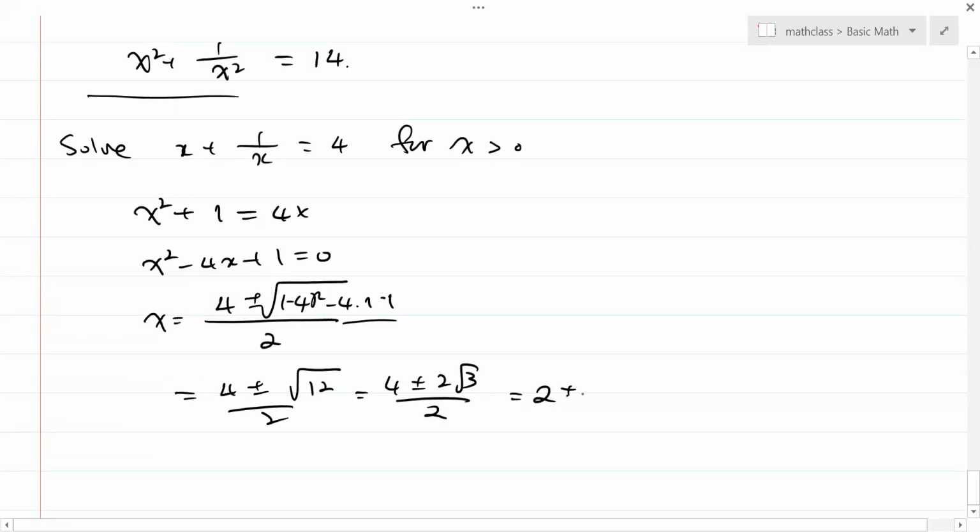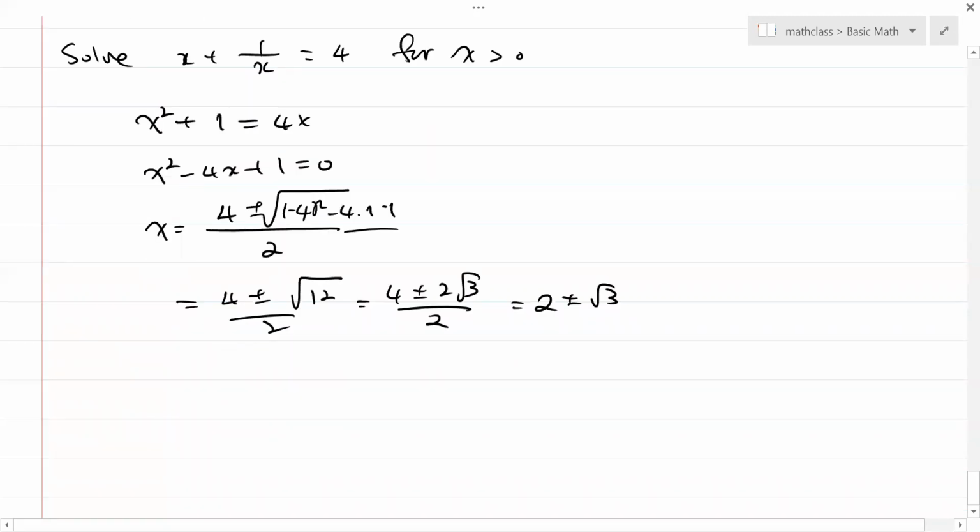So that will be 2 plus or minus the square root of 3. So you got two solutions. They're not too bad. So which one is positive? Both are positive. So you have two positive solutions. Now, if you really want to, maybe you get different answers.